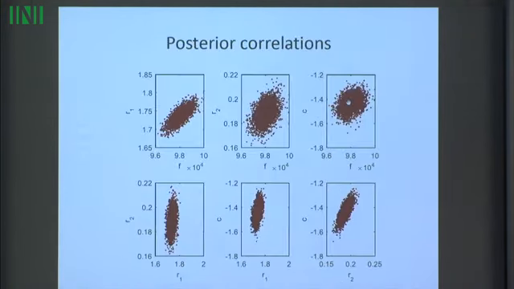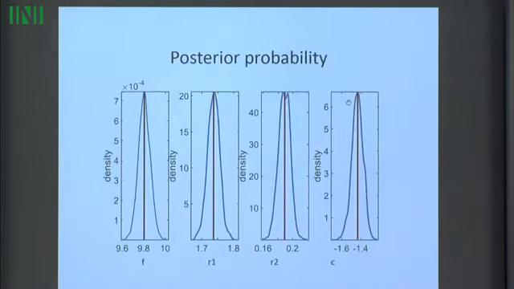enough. We can get now the posterior plots, looking at scatter plots of one parameter plotted against each other to understand the correlation structure a posteriori of the parameters. We can also get the marginal posterior probabilities.